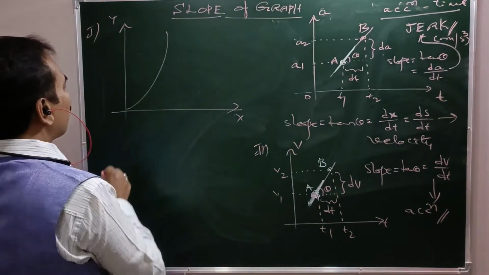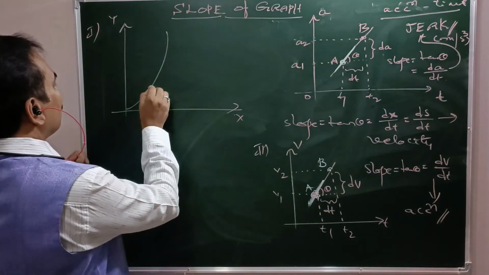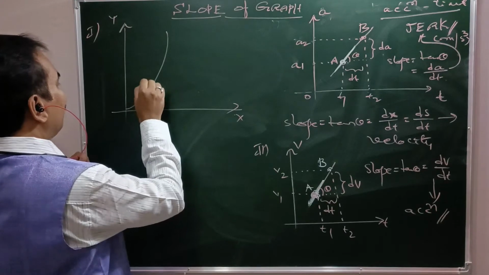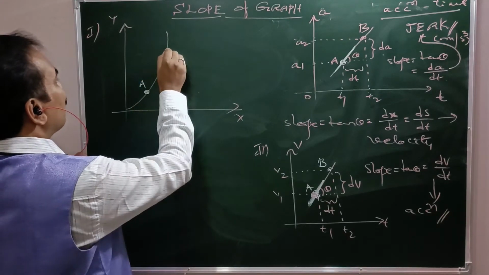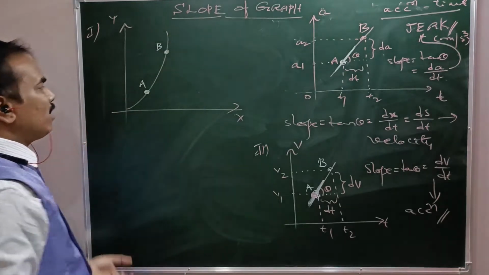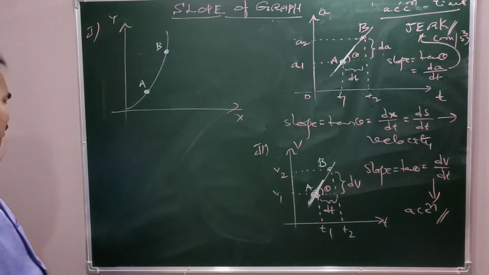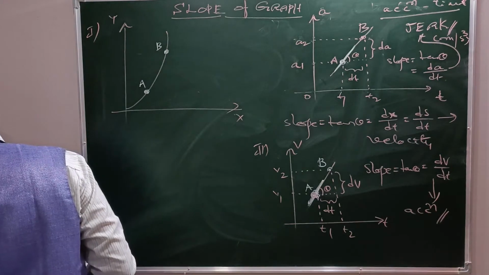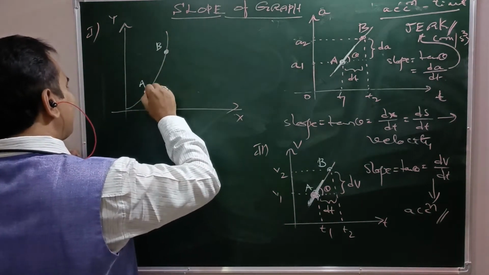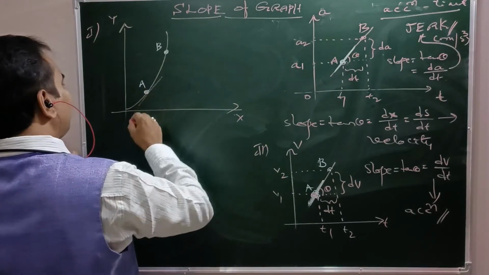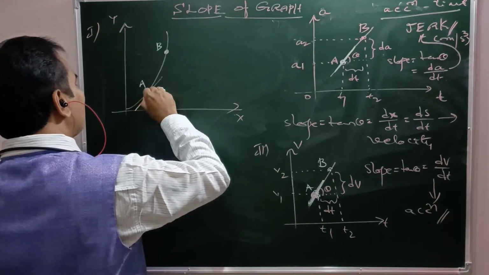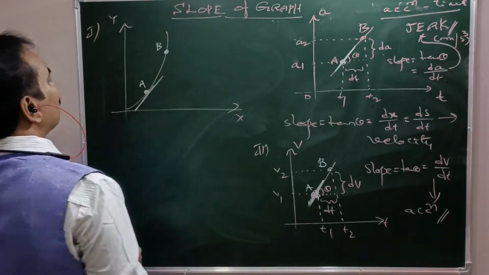Suppose I take two points on the curve, one somewhere here at point A, and one more somewhere here at point B. Now take tangents drawn at point A and point B. Suppose at point A I am taking a tangent like that. This is the tangent drawn at point A to the curve.